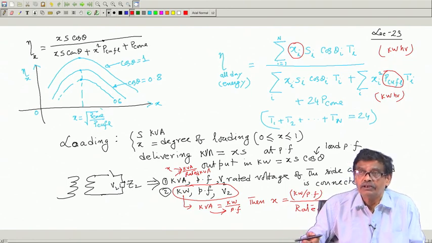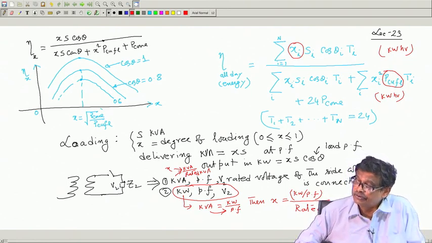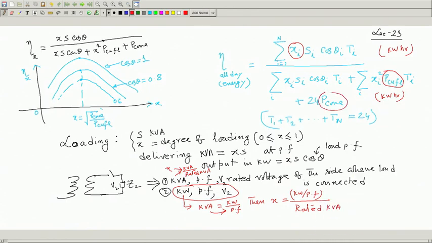When the windings carry rated current, it is the power loss that you get from your short circuit test. What is P_core? P_core is the reading of the wattmeter under the no load test. So, with that comment we conclude this part of the lecture, that is, how to calculate and estimate the efficiency.